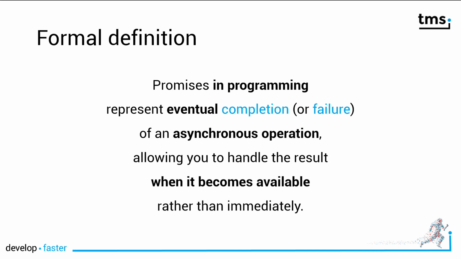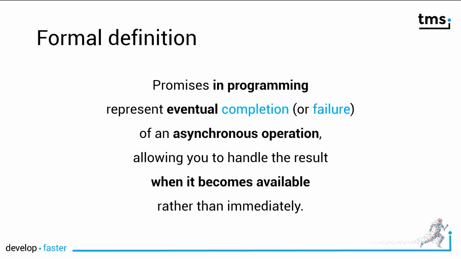As a Delphi developer, promises were something completely unknown to me a couple of years ago. So, just as an introduction, the formal definition for everybody watching this. Promises in programming, of course, represent eventual completion or failure of an asynchronous operation. And that allows you to handle the result when it becomes available rather than immediately. And that is the important thing to remember.